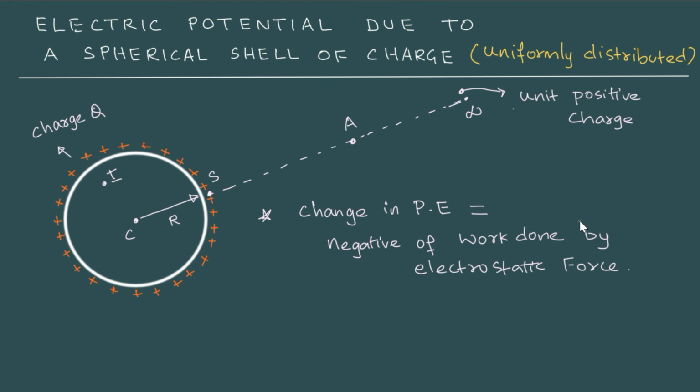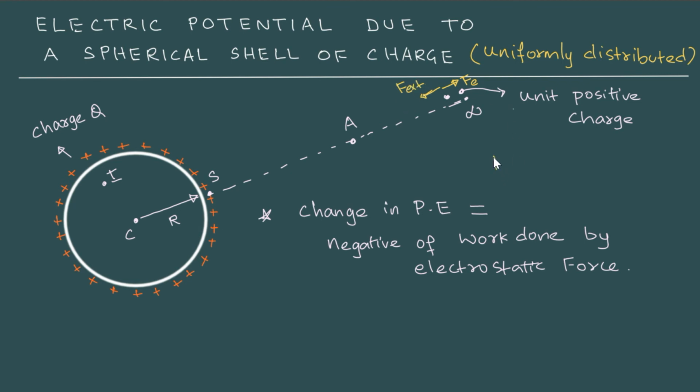Obviously, because the arrangement is changed very slowly, as you bring this point charge towards the shell of charge, you want to bring it very slowly. That means as this shell of charge applies an electrostatic force radially outwards, you must apply an external force which matches the electrostatic force.